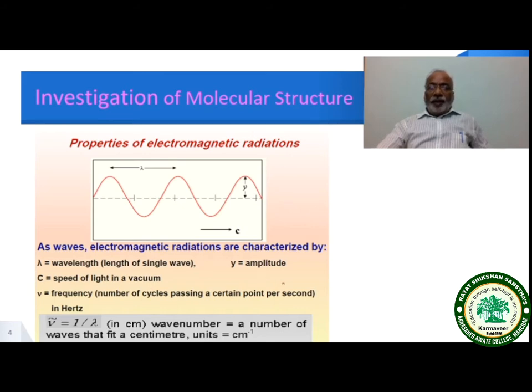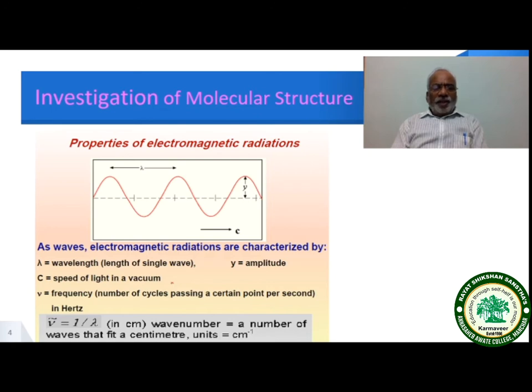So c is equal to nu lambda, meaning the product of the wavelength and its frequency always remains constant, because c, the velocity of light, is a constant number, around 2.99776 into 10 raised to plus 8 meter per second. This is a constant number that we find. It means the product of wavelength and frequency of a given electromagnetic radiation is always constant.